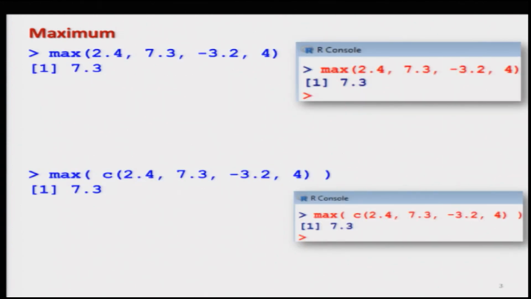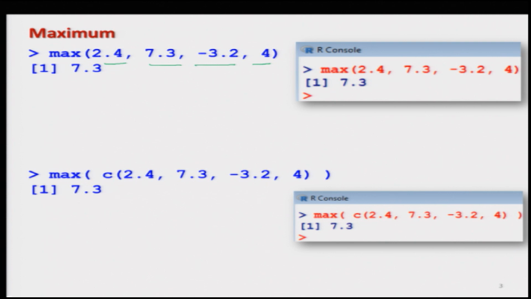Right. So first I will take some examples and show you what is really happening. Suppose you want to find out the maximum of some values. For example, let me take an example where I have 4 numbers: 2.4, 7.3, minus 3.2 and 4, and I want to find out the maximum value among these 4.